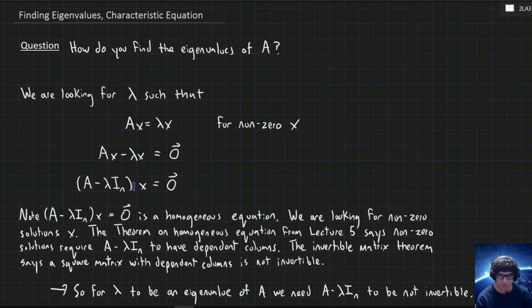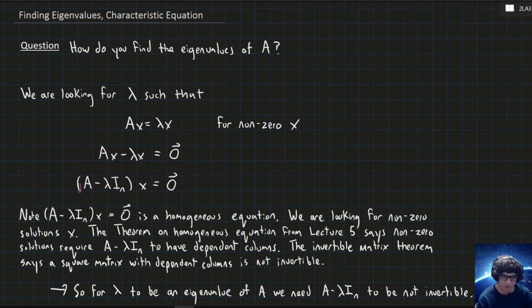Really there is an identity here, but when it's being multiplied by something else, we omit it. But when lambda is on its own like this, we like to explicitly write the identity. So this matrix is just lambdas along the diagonal and zeros elsewhere. Notice what we have here. This is a homogeneous equation now, right?